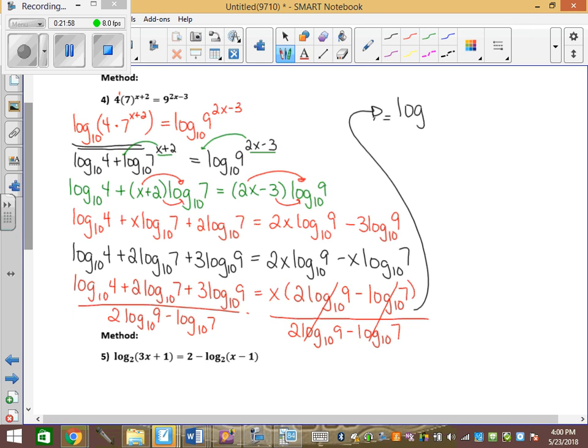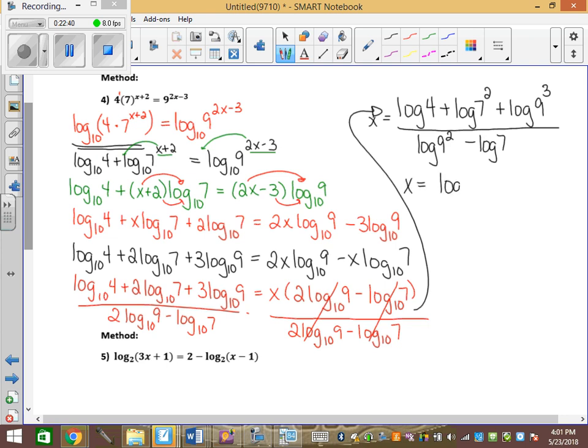So I'm going to get x equals log 4 plus log 7, and I'm going to bring the 2 up, squared, plus log 9, and I'm going to bring the 3 up, cubed, over, on the bottom, log 9 squared minus log 7. Now, if you notice, they're all base 10. So I can put the entire top together by multiplication because they all have plus signs in front of them. And I can put the bottom together by division.